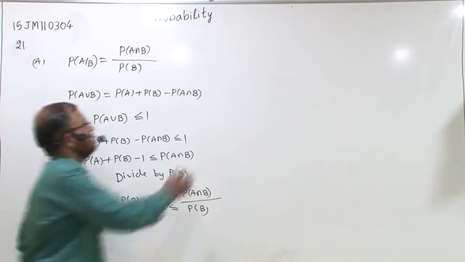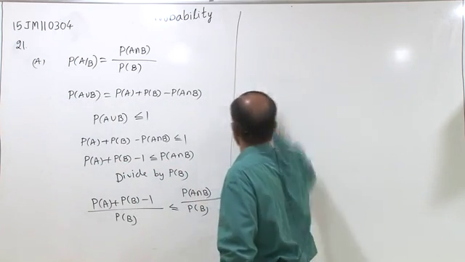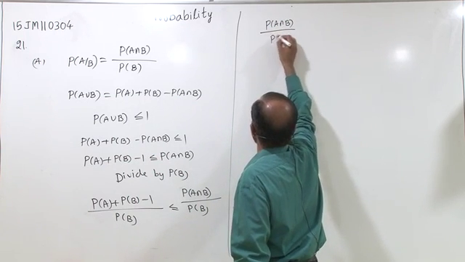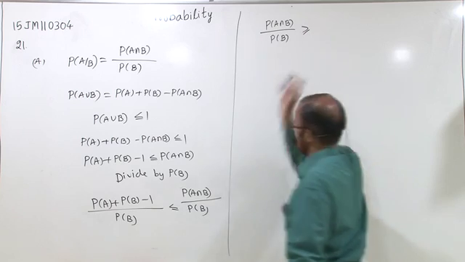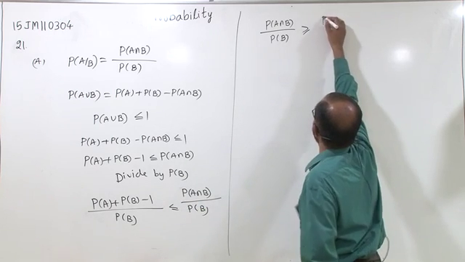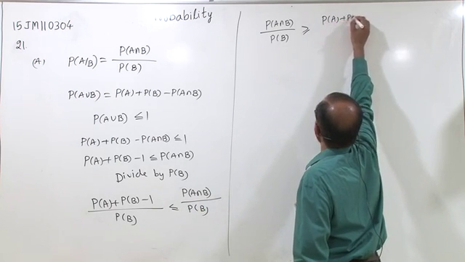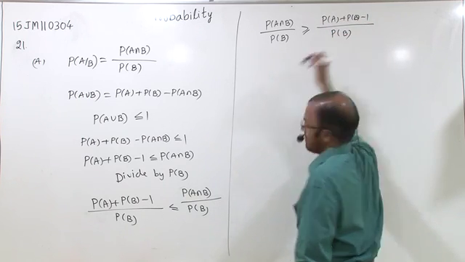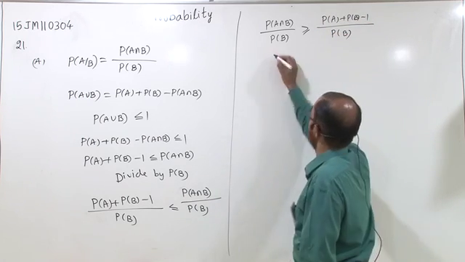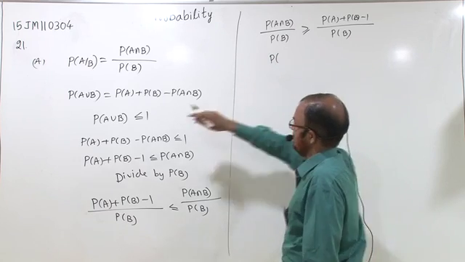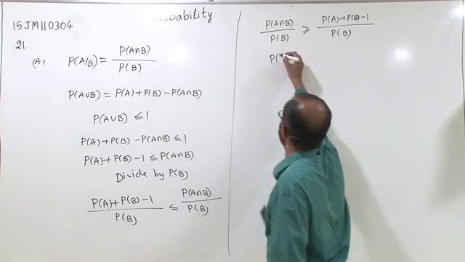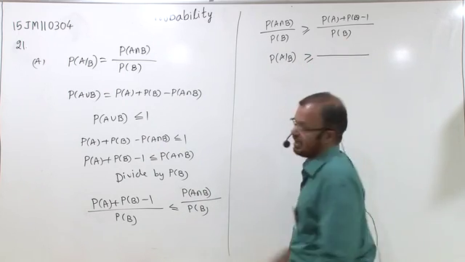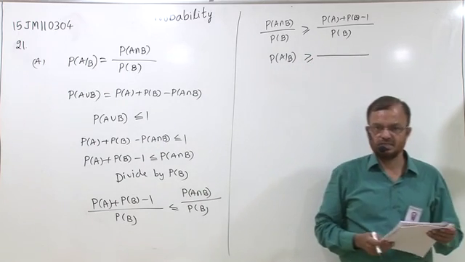I can write here probability of A intersection B upon probability of B is greater than or equal to probability of A plus probability of B minus 1 by probability of B. Hence I can say that probability of A slash B is greater than or equal to this, and A option is the correct one.